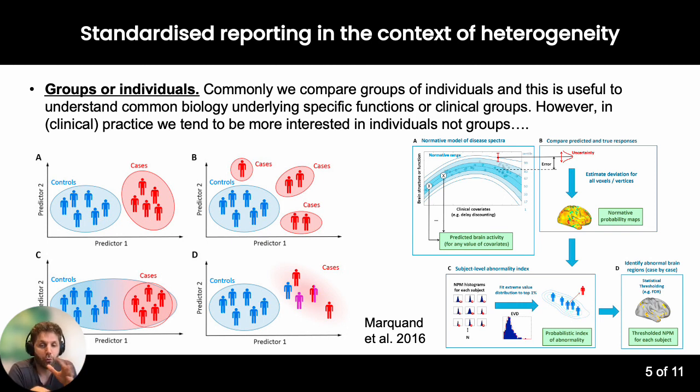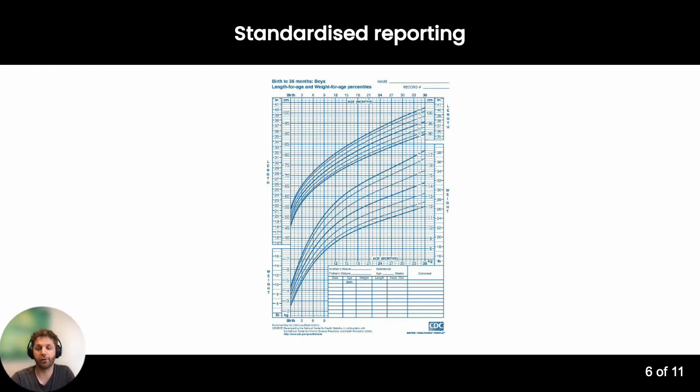Now, as you can see in the right-hand corner, I'm not going to go into too much technical detail for this talk. There are solutions for dealing with this, or at least for addressing individually specific deviations. And that's basically this idea of using a population benchmark to address that heterogeneity. And actually, when you squint a little bit, you zoom out on this picture, what you can tell is that it really looks a lot like another clinical instrument that most people are really familiar with, and this is the good old-fashioned growth chart.